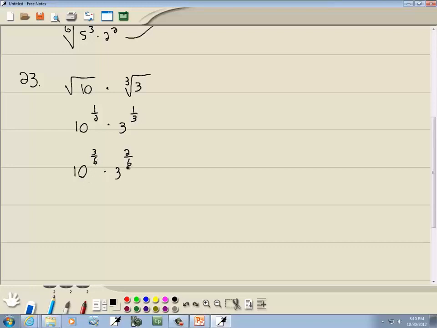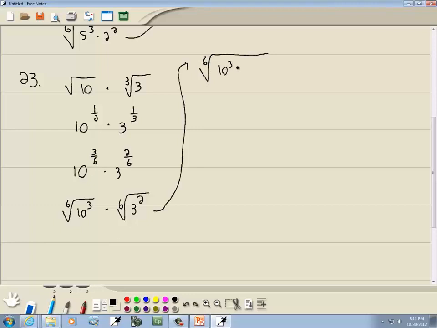Well, now they have the same denominator, so I'll put them back into radical form. So this would be 6, and that'd be 10 to the 3rd. And this one would be 6, and this would be 3 squared. Let's see what that gives us. 6th root of 10 to the 3rd times 3 squared.